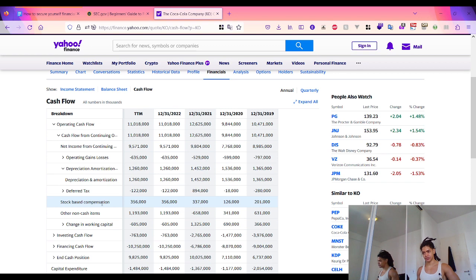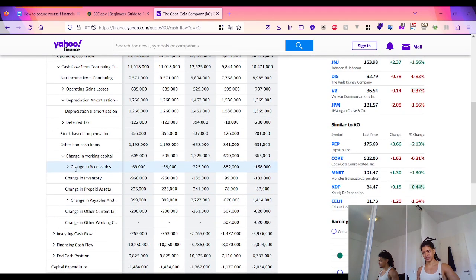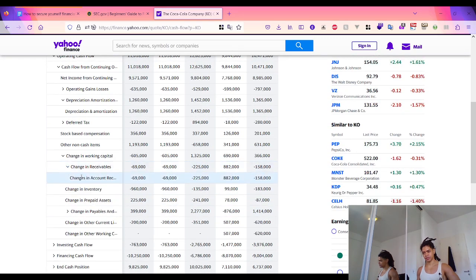Stock-based compensation, other non-cash items, change in working capital, change in receivables, change in inventory, change in prepaid assets, change in payables and accrued expenses, change in other current liabilities.